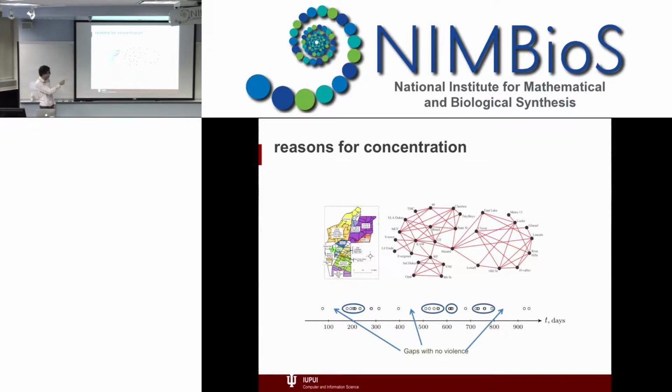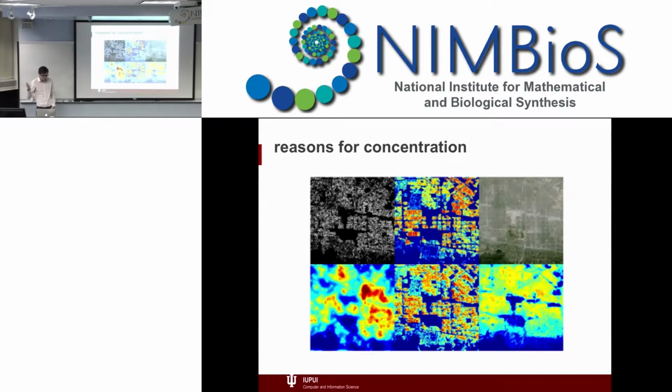These are the times of attacks between those two gangs. You have gaps with no violence, and you have these highly clustered series of events that can't be explained by a Poisson process. But other reasons exist for concentration of crime. For example, residential burglary can only happen where you have houses, and you get concentration because of that. And there are a lot of other reasons as well.